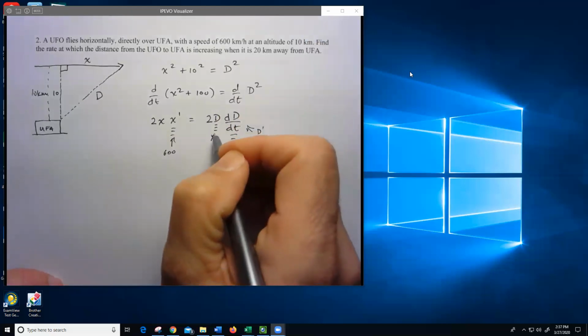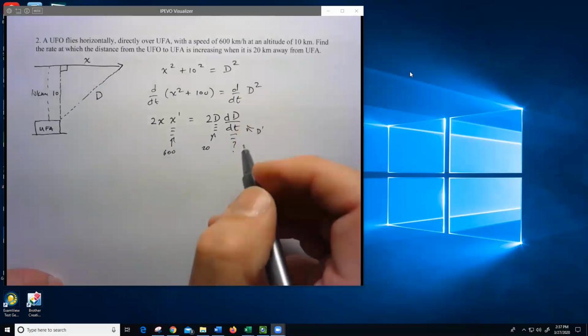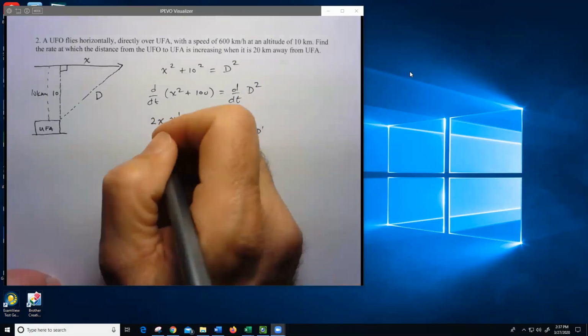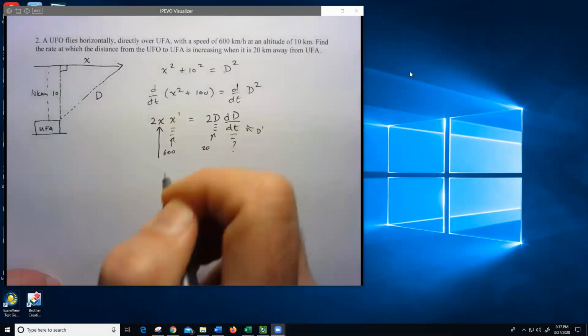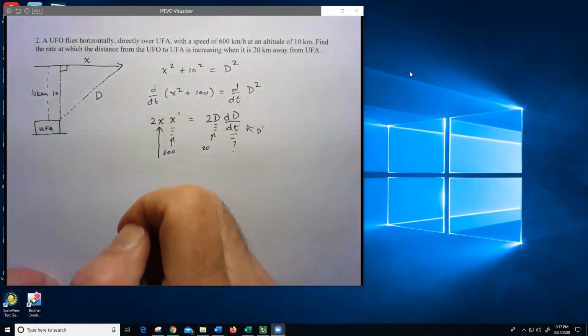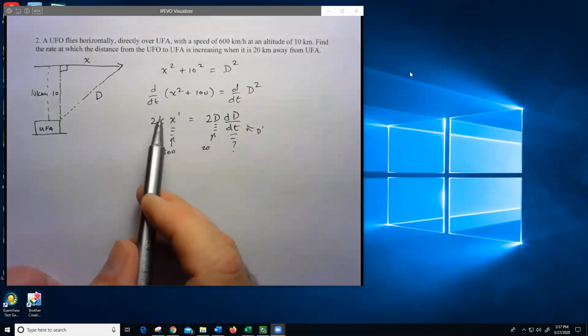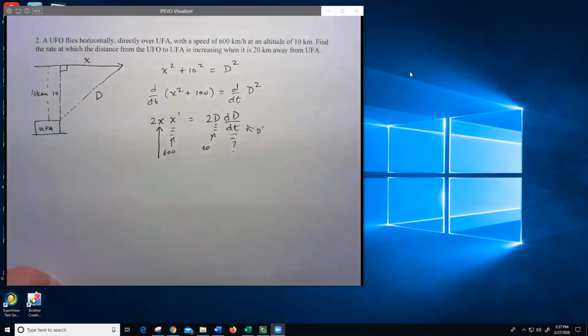This is 20 because that's the particular instant in time I'm interested in. This is what I'm looking for, but I still have this x value. So that seems to be a problem until somebody's going to tell me why it's not actually a problem. How can I deal with the fact that I still have this variable that wasn't given to me explicitly?